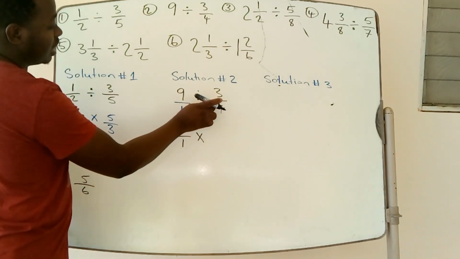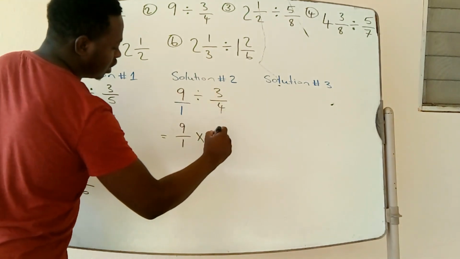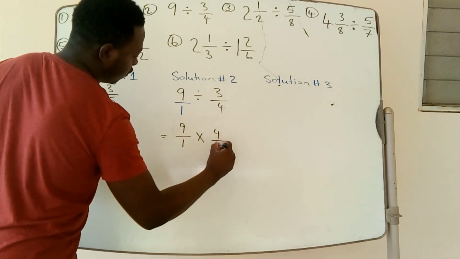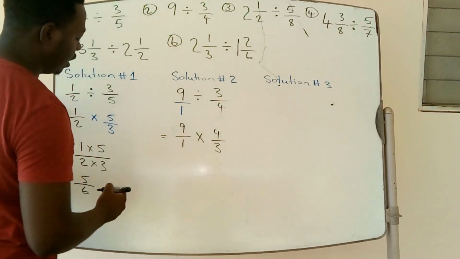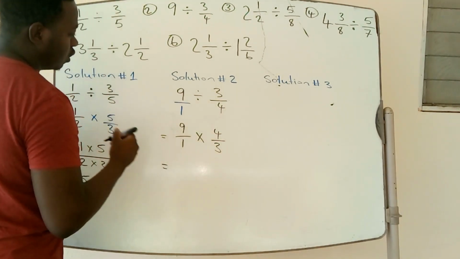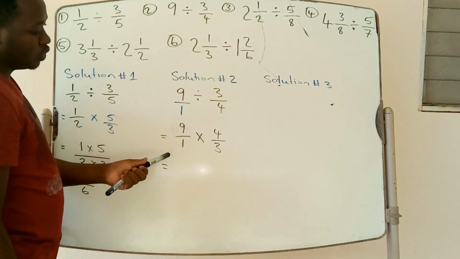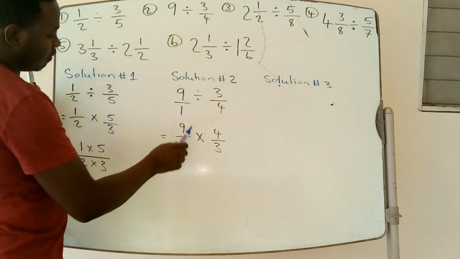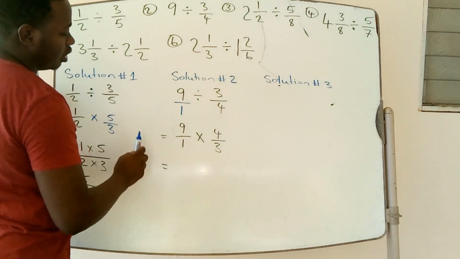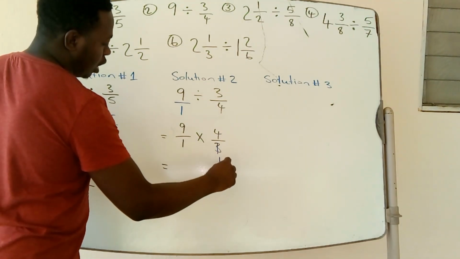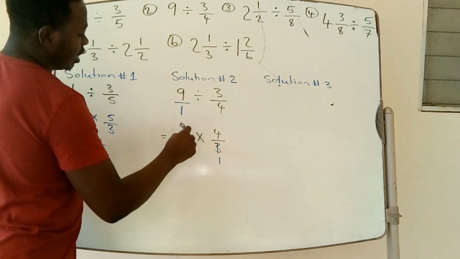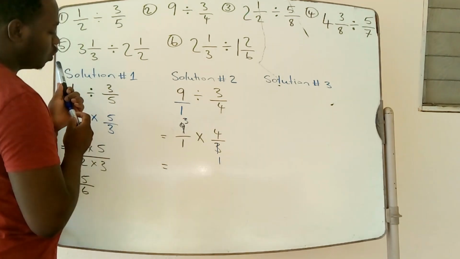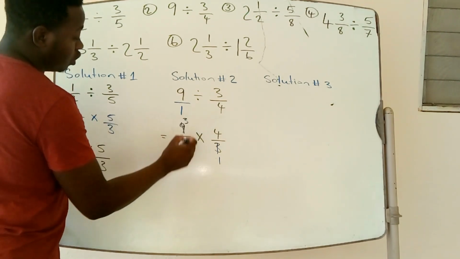And we are going to invert the second fraction, so this becomes 4 over 3. Which is equal to, can we reduce here? Yes, we have a 9 here and we have 3 here. So 3 into 3, 1, and 3 into 9 goes 3 times. So what we're left back with is 3 over 1.